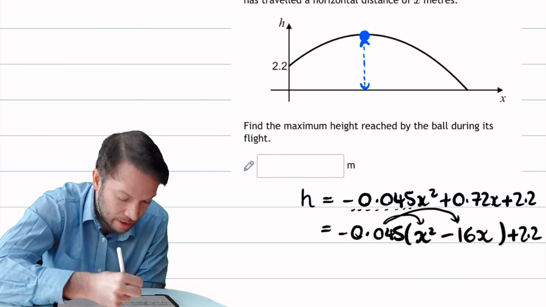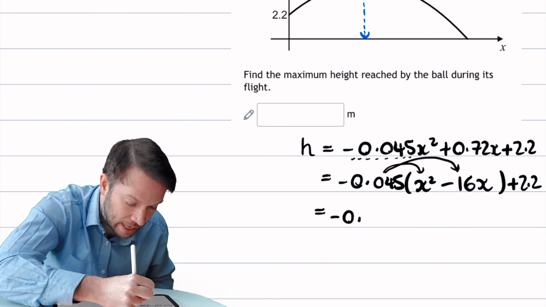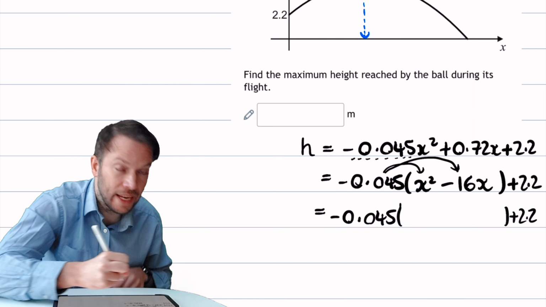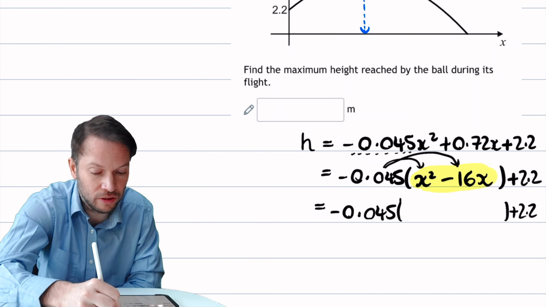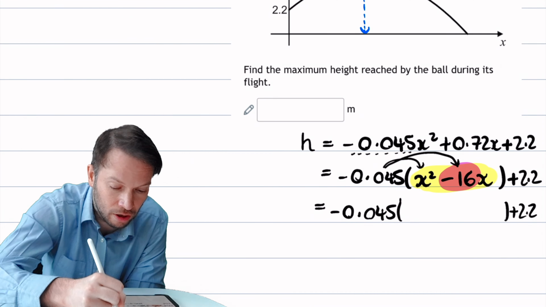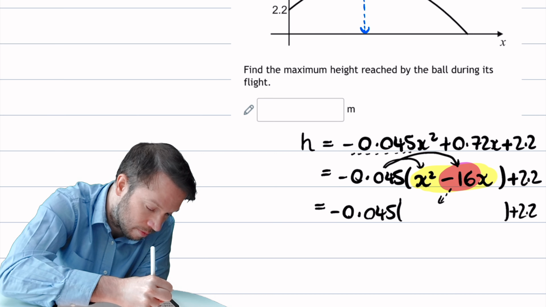And then the next step is that you complete the square inside that bracket. So I'm just going to copy everything outside the bracket first, and then complete the square inside that bracket. So I'm completing the square with this. And the way you do that is you halve the number in front of the x. So you halve that. So half of minus 16 is minus 8.